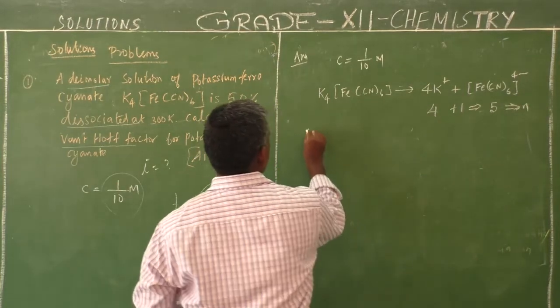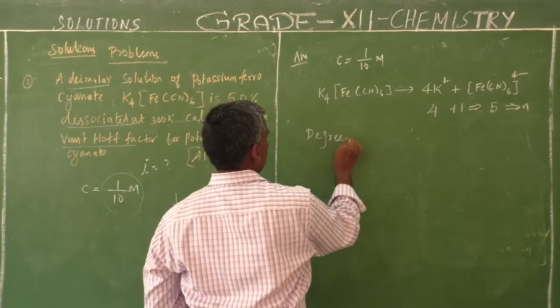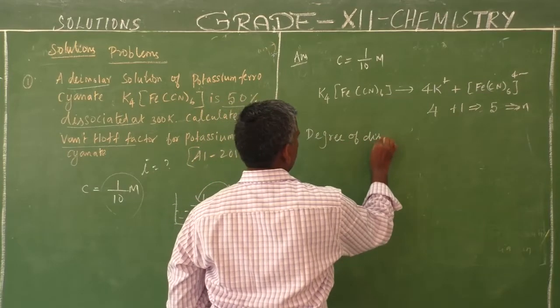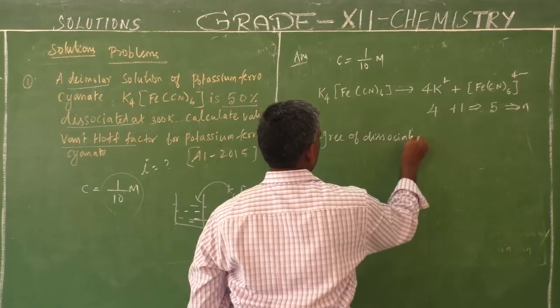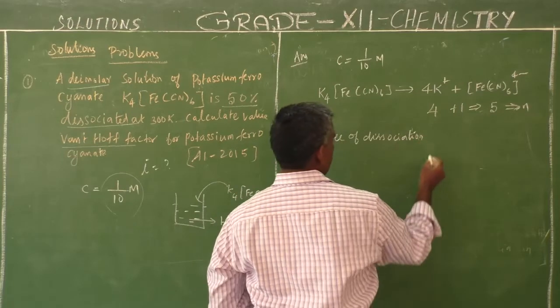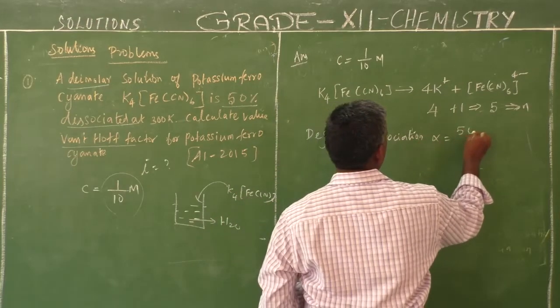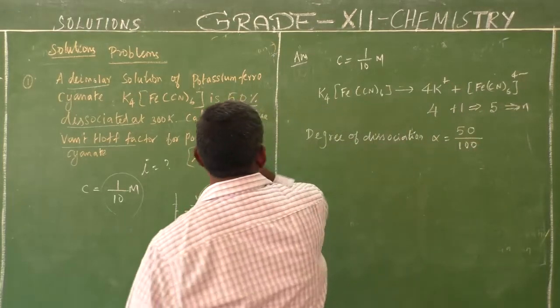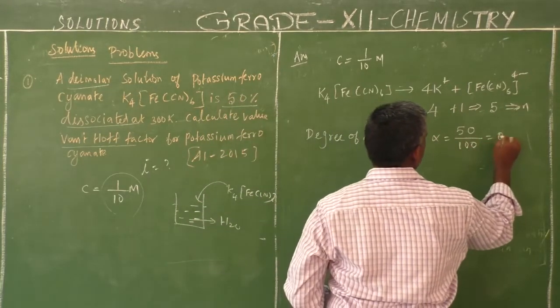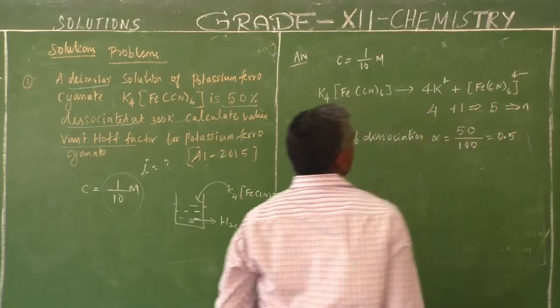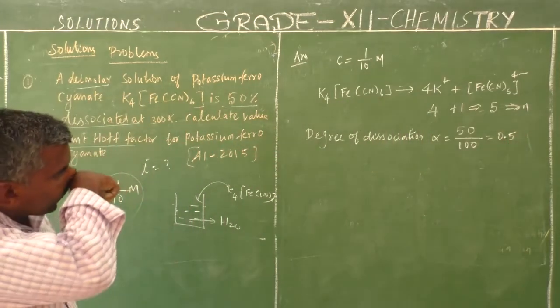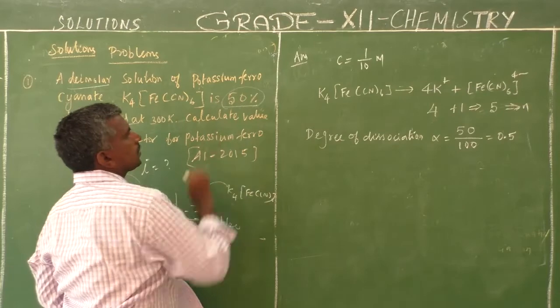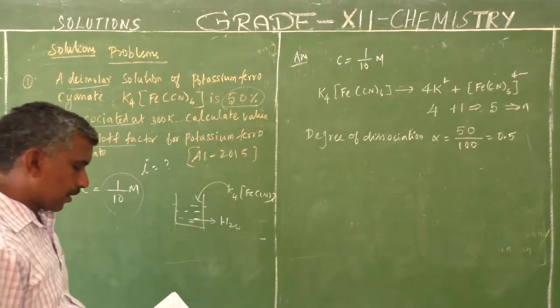Degree of dissociation. Alpha is equal to 50% dissociated, so the degree of dissociation is 0.5. Not a percentage: here the percentage is given and is converted into the degree of dissociation.